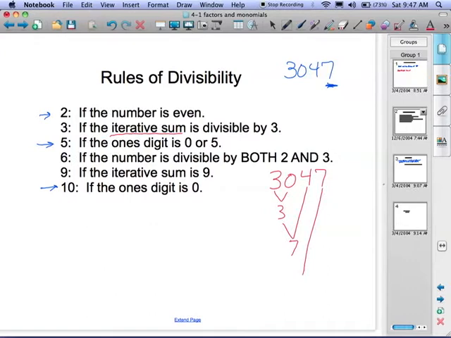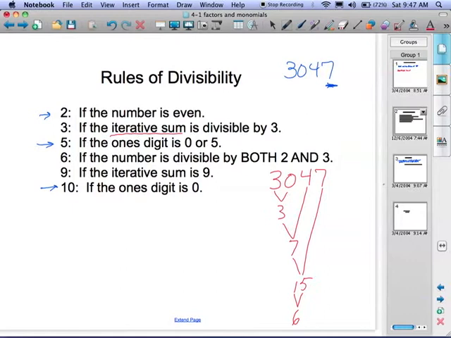Take this 7, add it to this 7. 7 and 7 is 14. And then we have a 1 and a 4, and we will add those together, and 1 and 4 is 5. This is calculating the iterative sum. You are simply adding digits together until you are left with just one number at the end.